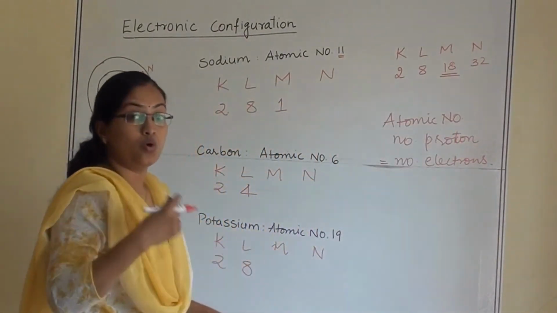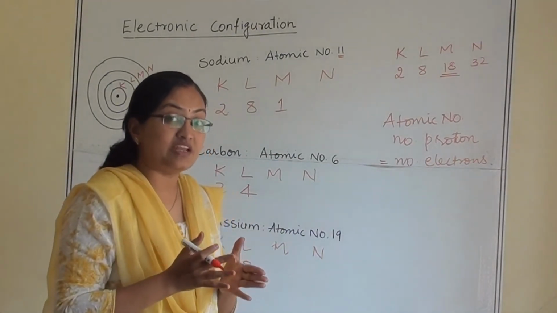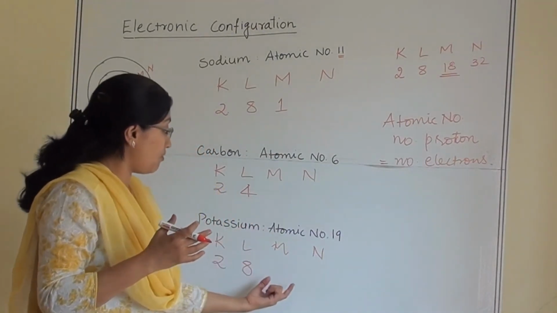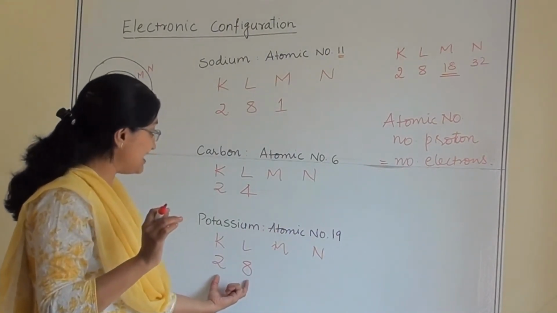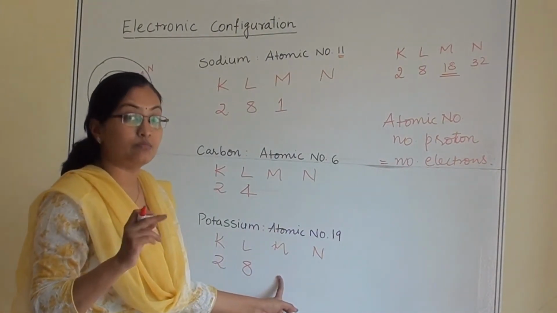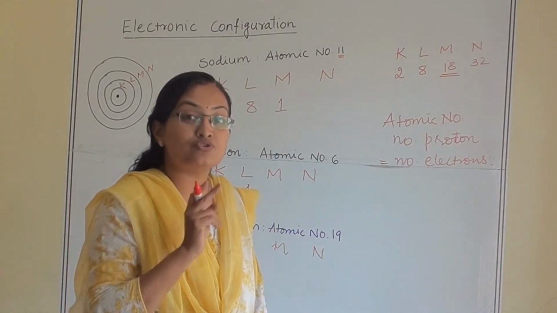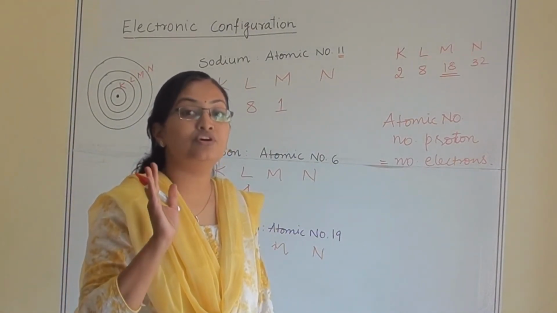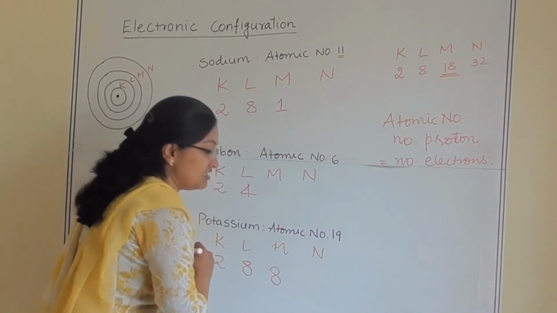So we could write all the leftover electrons here, 2, 8, 9. But according to the second rule, we cannot keep more than 8 electrons in any of the orbits. So we have to write 8 here.